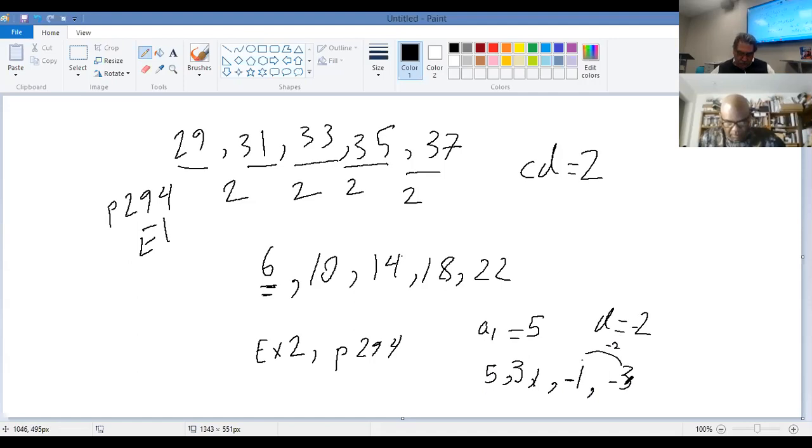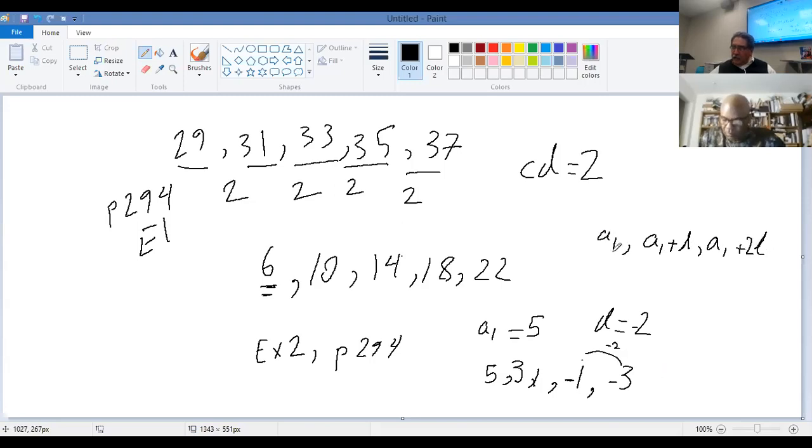Are you following me? Yep. So in general, if A1 is the first term, the second term is A1 plus D. And it continues. The third term would be A1 plus 2D, and so on.